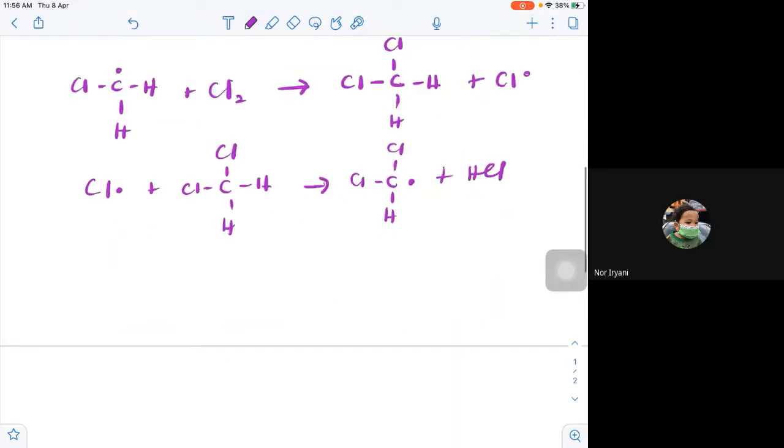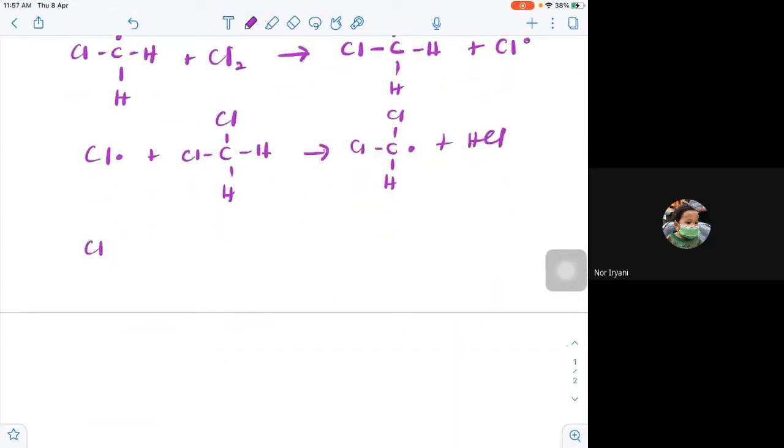And then this CCl2H radical reacts with another neutral chlorine so that it turns to CHCl3. Now this is trichloromethane, plus the Cl radical.